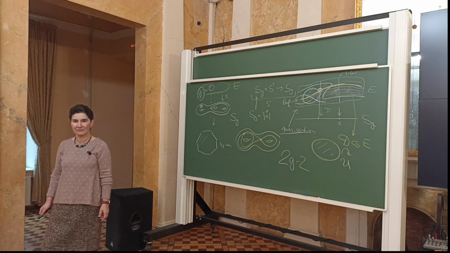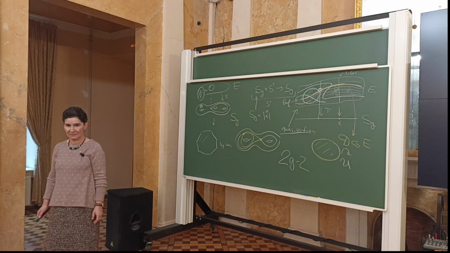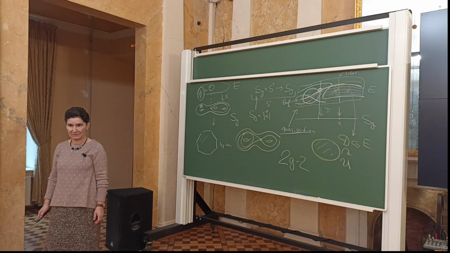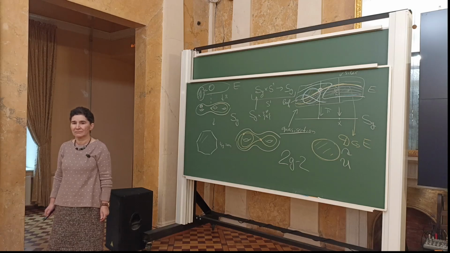I would like to know whether there is a hierarchy of properties of circle bundles that are equivalent to inequalities of this type. I mean, like a bundle is trivial if and only if its Euler class is 0.